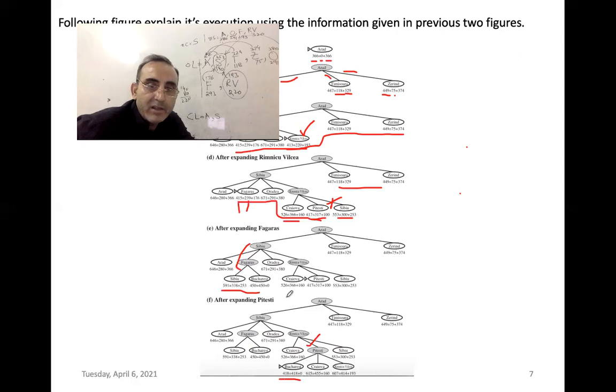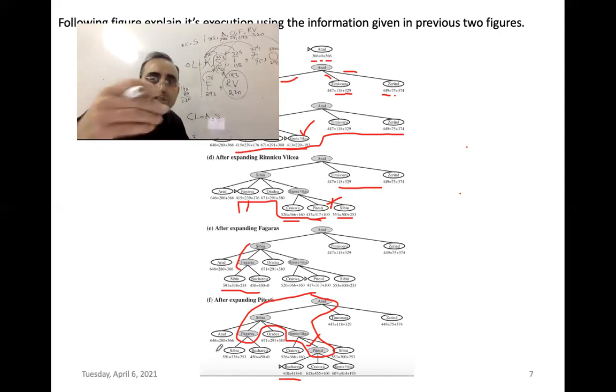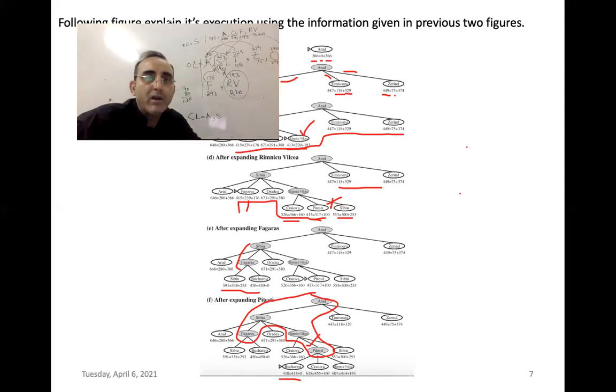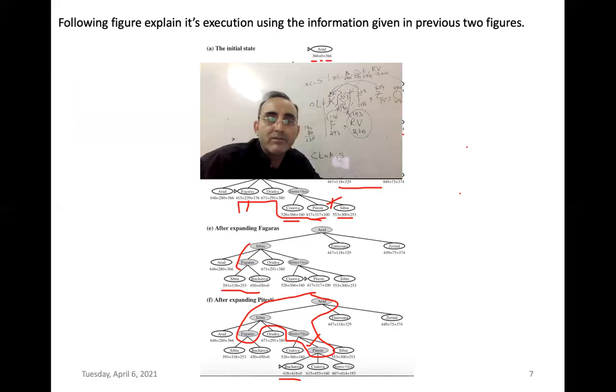And here, these filled circles are basically in the closed list. And rest of the outlined circled states are in open list. And in this way, you can go on with this algorithm.